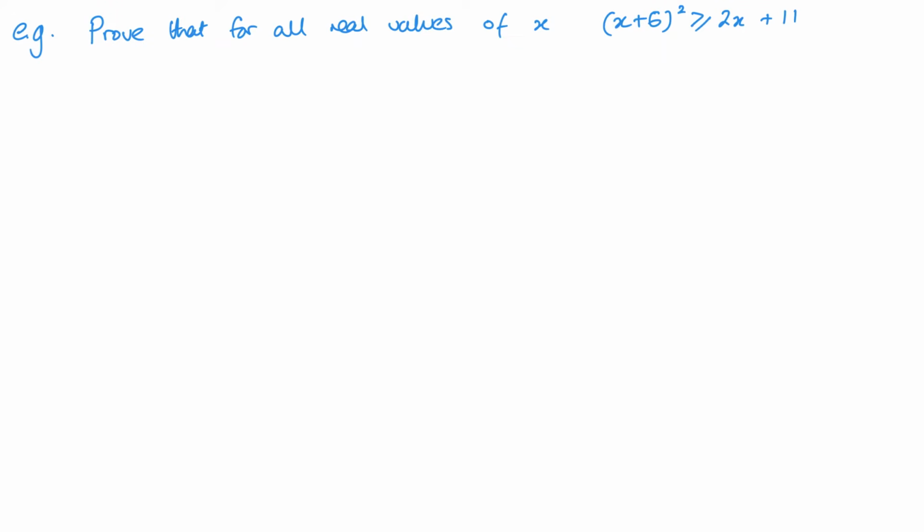Now, I've got a proof here that for all real values of x, (x plus 6) all squared is greater than or equal to 2x plus 11. Now, it's very tempting to start with my statement here, but you should always start your proof from a known fact and not from your statement. So what's a good way of starting this?